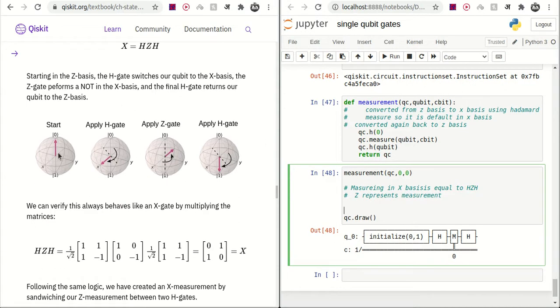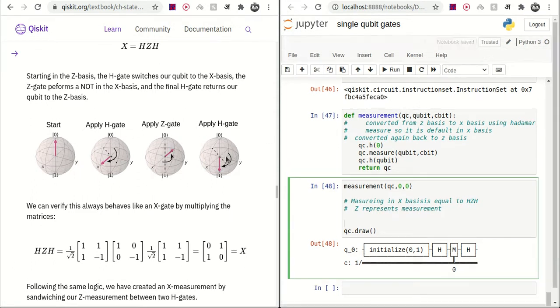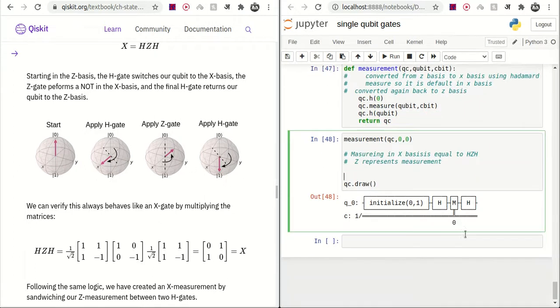You can see the diagram. Initially we are at the top state, we convert with Hadamard, we rotate along z, and then we apply the Hadamard back.